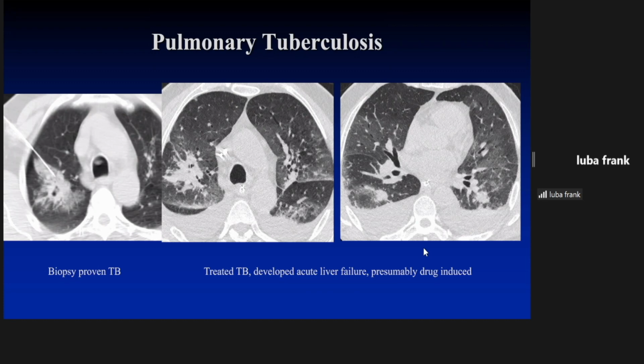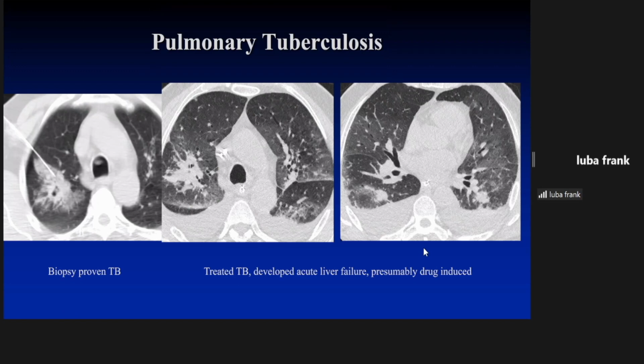The biopsy was taken because this really looked like a large spiculated mass in the right lung. And as you can see, we're talking about tuberculosis. This was a biopsy proving tuberculosis.